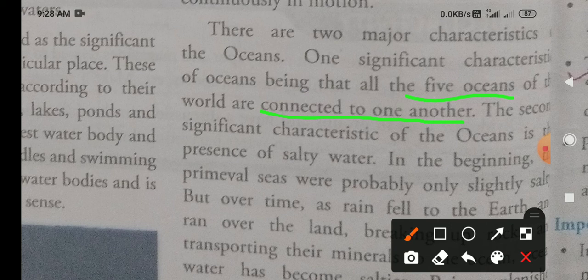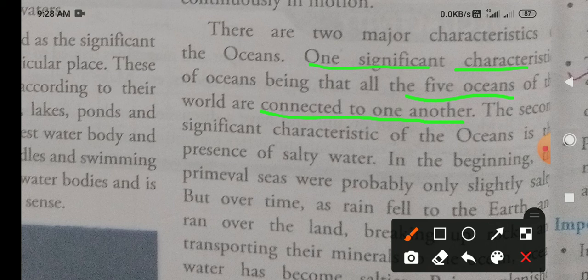No, if you observe the map properly, you will see they are interconnected. They are all joined to one another. That is one of the important, significant characteristics.